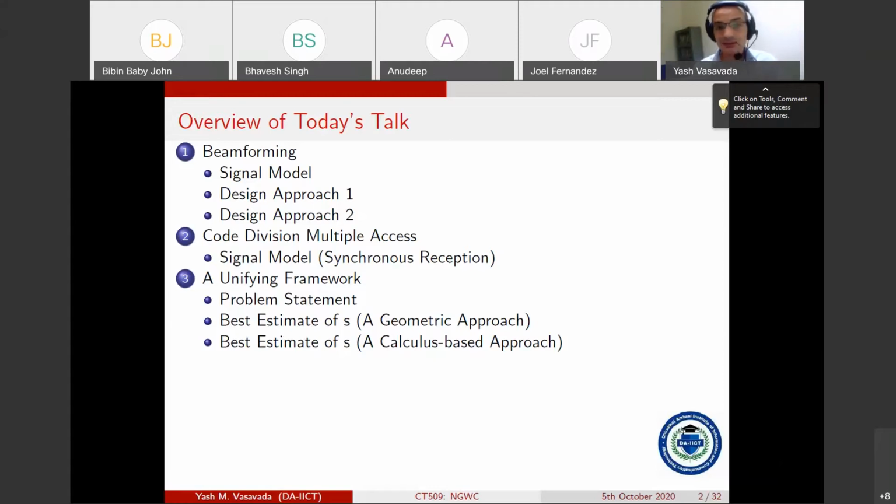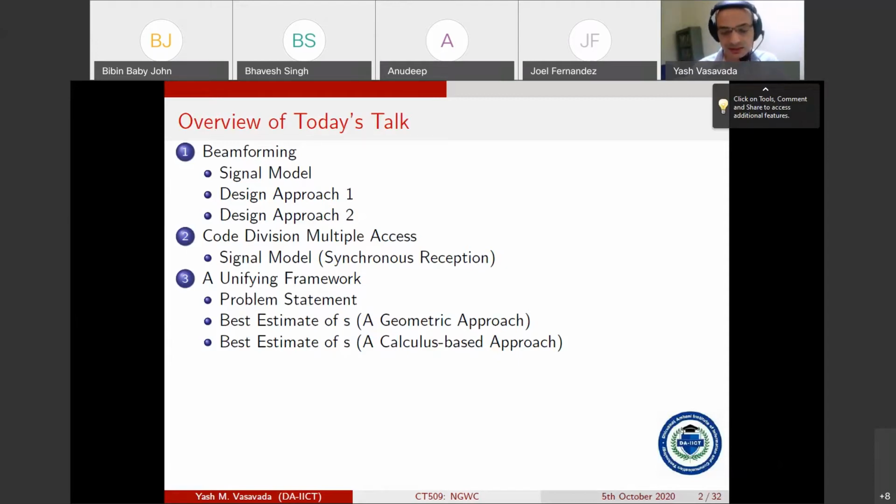But here, what we'll be looking at in the context of beamforming and CDMA, etc., will be, in a way, very much like that CT516 framework, but it is now more complicated. And that complication is coming only because the basis functions are not orthonormal anymore.